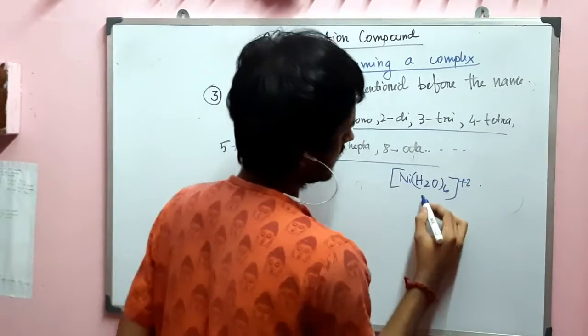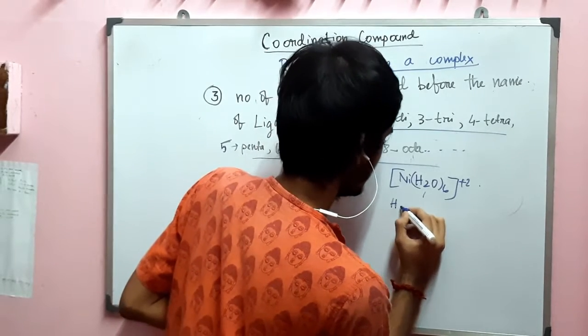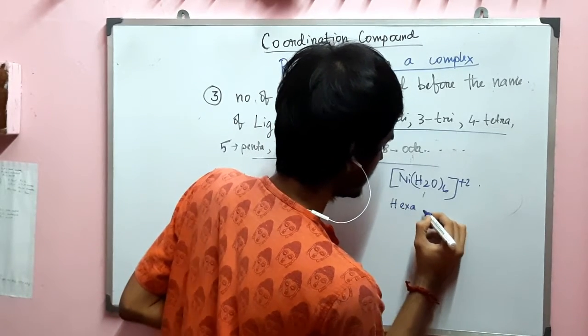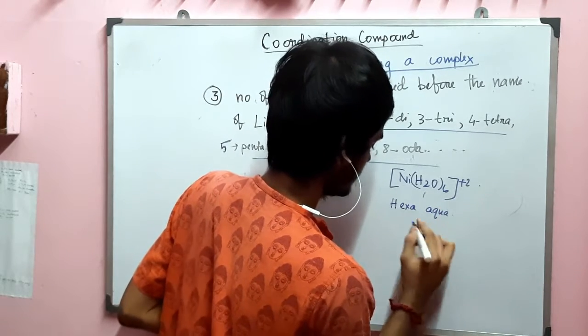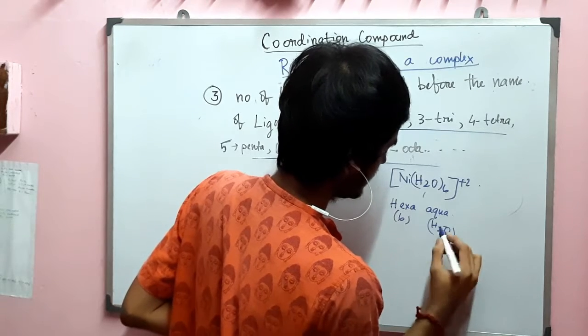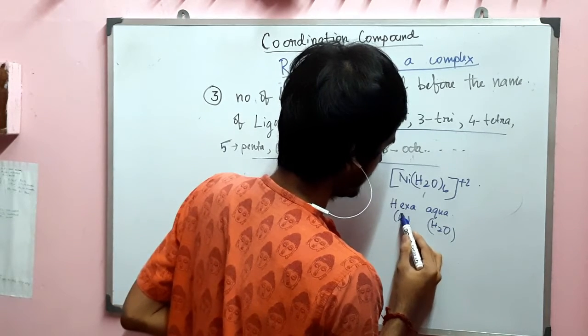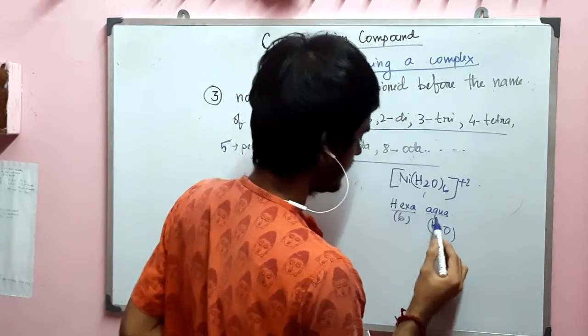I will name this ligand by putting hexa, we call it hexaaqua, because hexa means 6 and aqua means water. So the number of the ligands is mentioned before the name of the ligand.